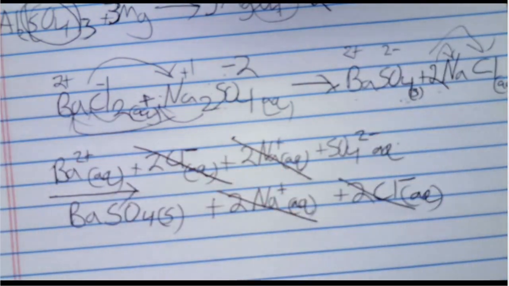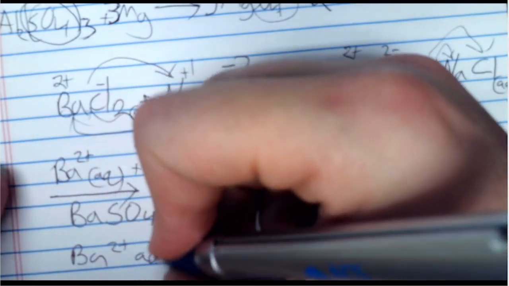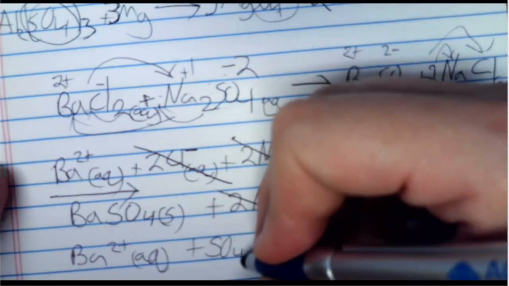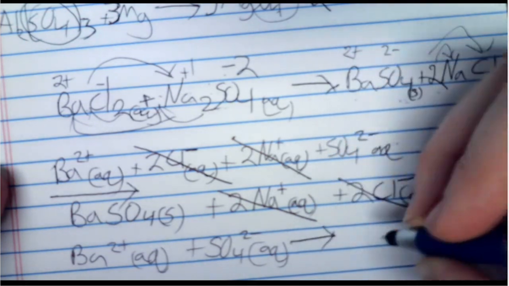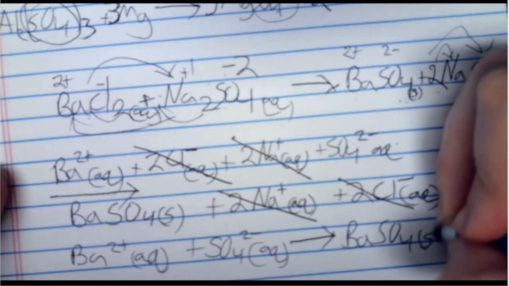So what we write for our chemical reaction is Ba2 plus aqueous and SO4 2 minus aqueous goes to BaSO4 solid.